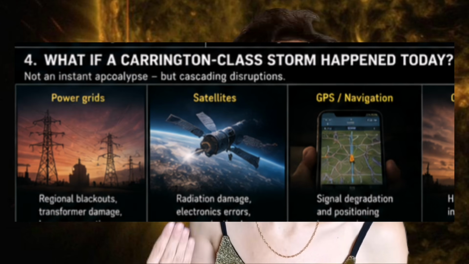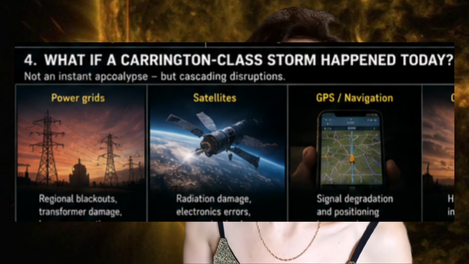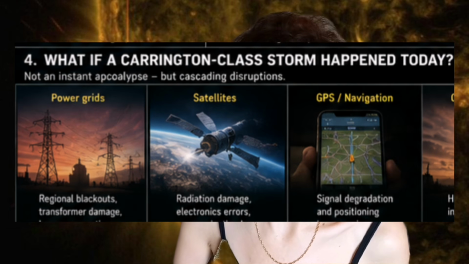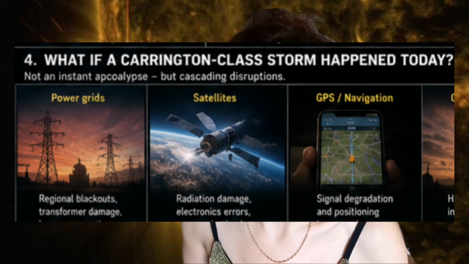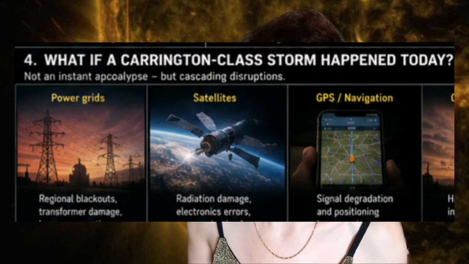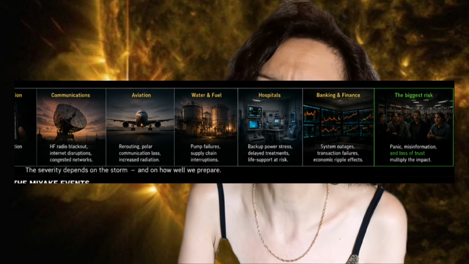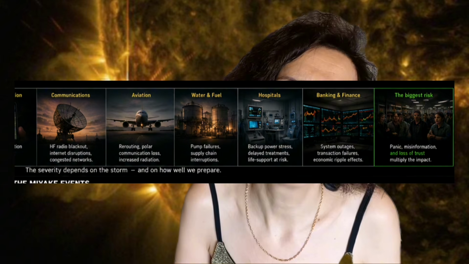If damage was caused to power grids, there would be no water supply, no bank system, no transport. I'm not even talking about air transport or satellites or the GPS system. Hospitals, gas stations, and everything else we depend on so much could not work properly.